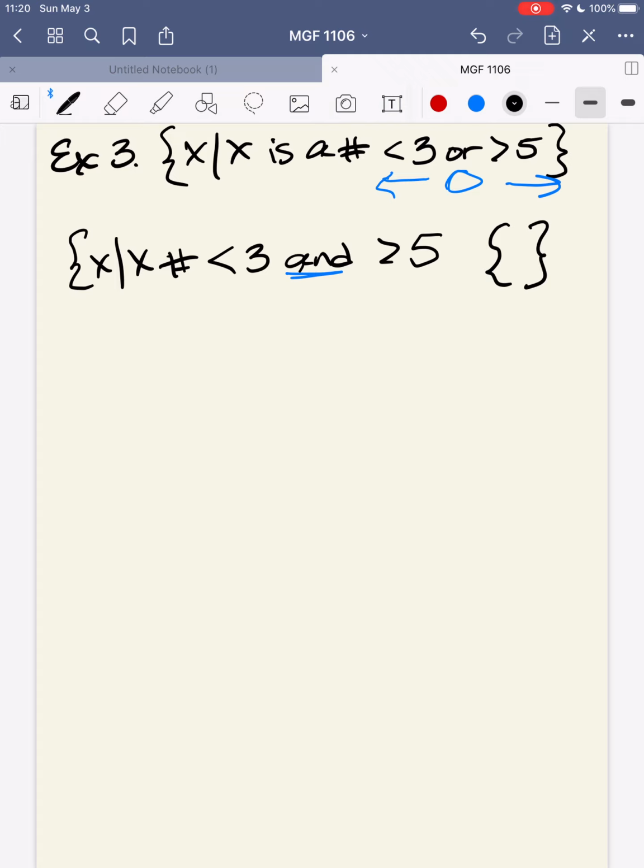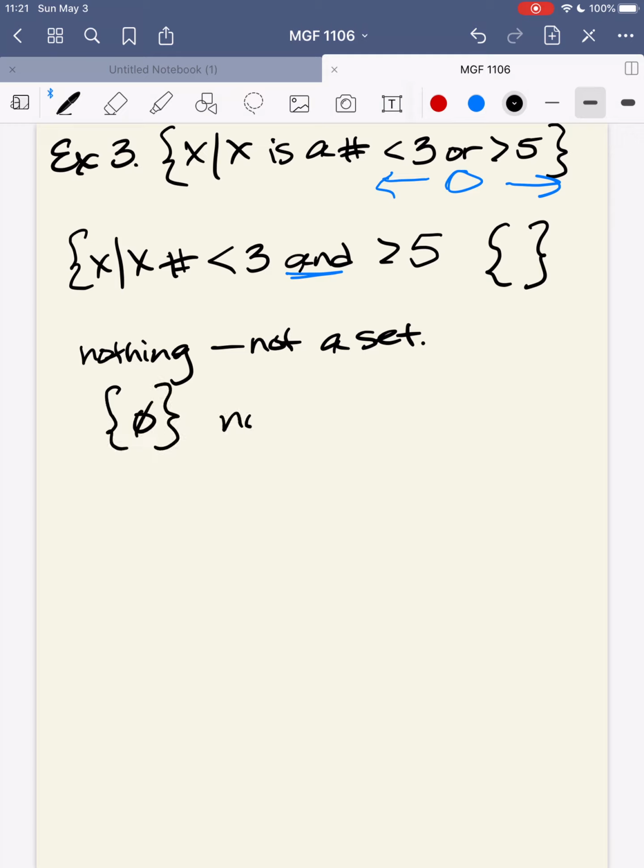Part C is nothing. It says the word nothing. This is not a set of any kind. Remember, a set has to be clearly defined, and this does not define anything. And then, of course, D is what I told you just not to do. This is absolutely not. So go ahead and try example 4 on your own, and I'll meet you back on the other side to finish talking about the section.